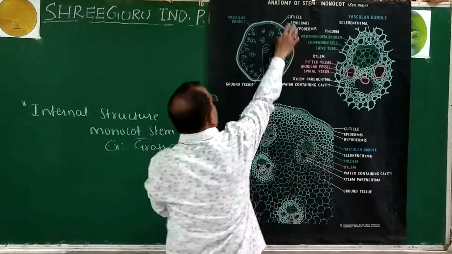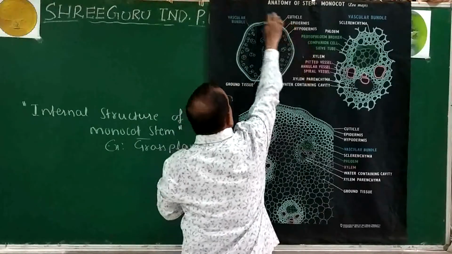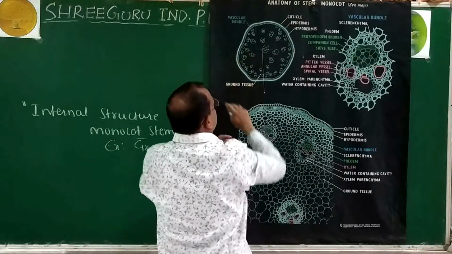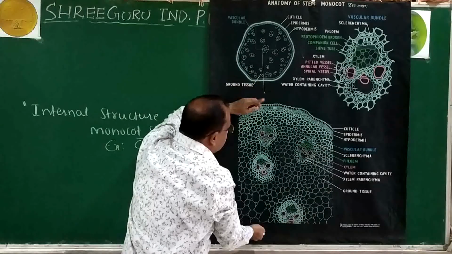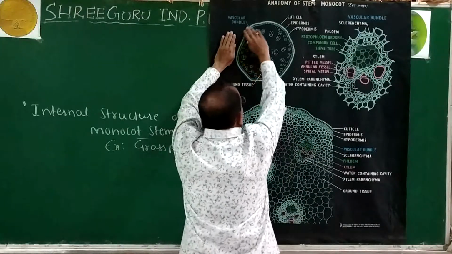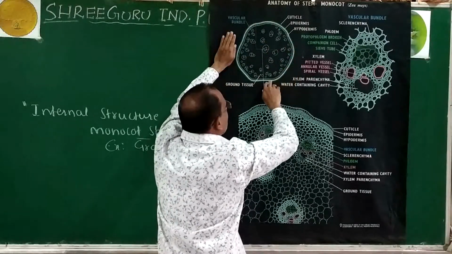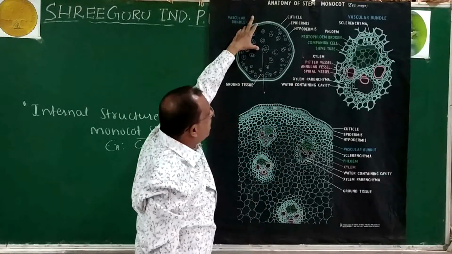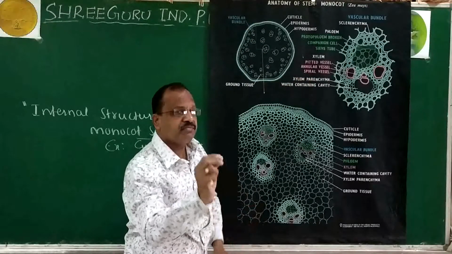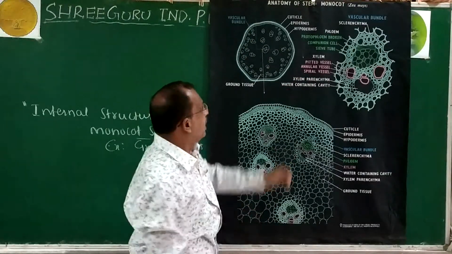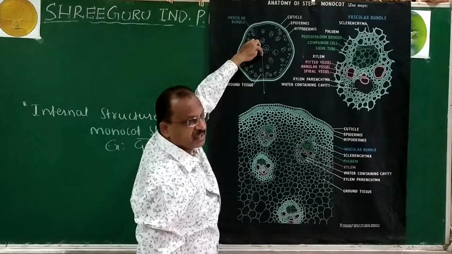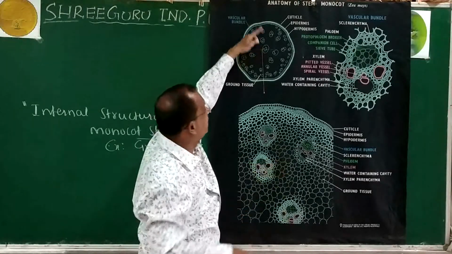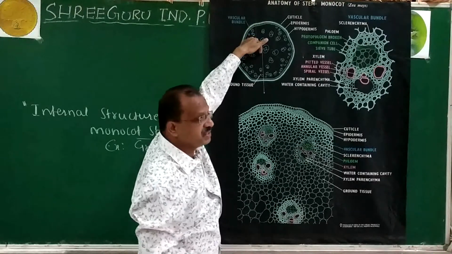Actually, this is the ground plan of monocot stem, out of which they have expanded only 25% of the figure. I will explain the matter from periphery towards the center.